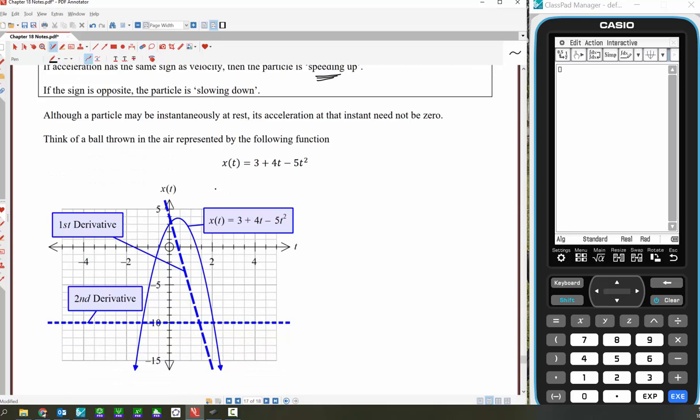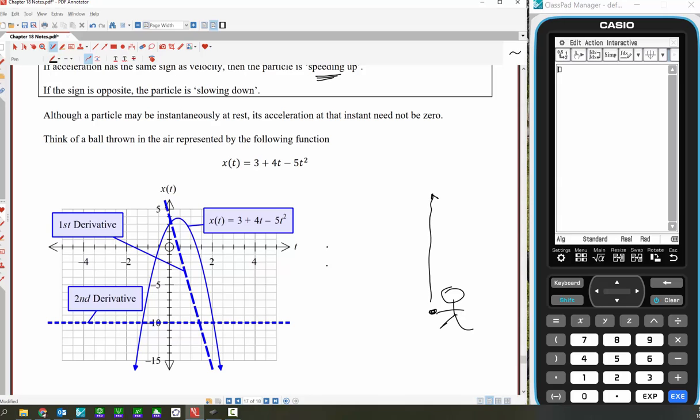And probably one of the hardest things that students find to grapple with is, although a particle may be instantaneously at rest, its acceleration at that instant need not be 0. So you can have a 0 velocity and a non-zero acceleration. If you think about it, I'll use this example here. I've got a ball in my hand and I throw the ball up in the air.